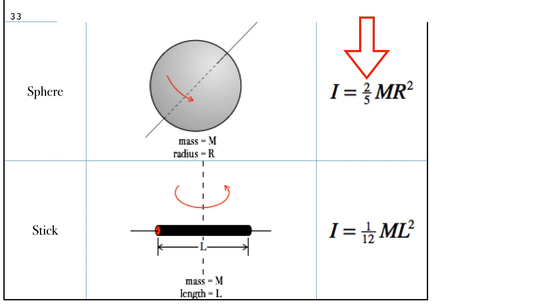That's it. That encodes the fact that you're not a hoop. The 1/2. You have 2/5 of whatever a hoop has. The sphere doesn't have as much moment of inertia.